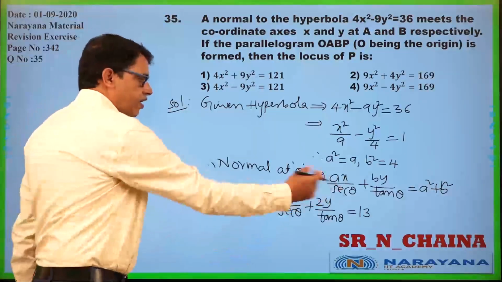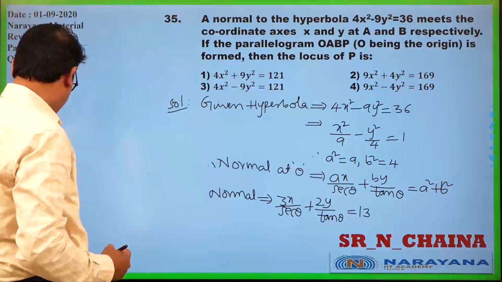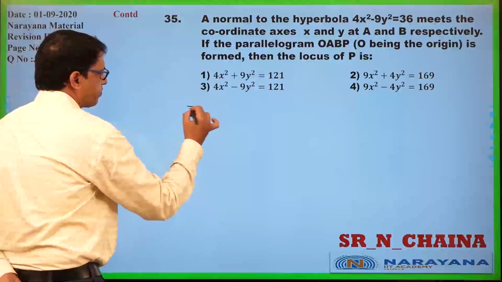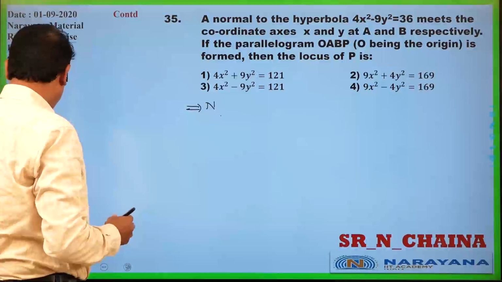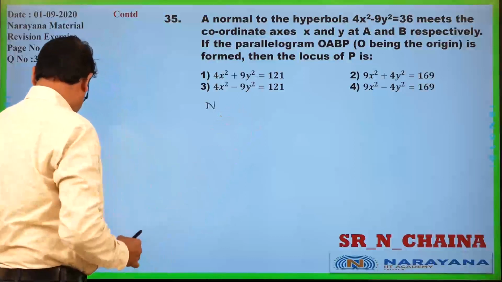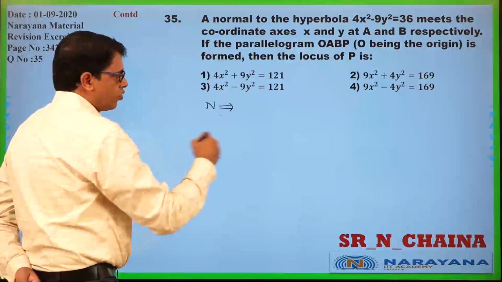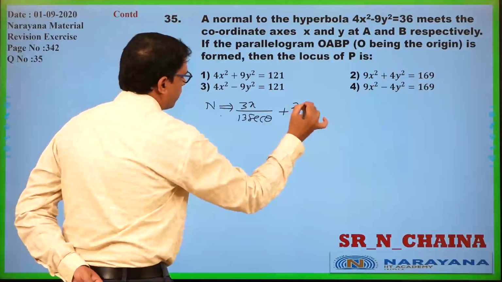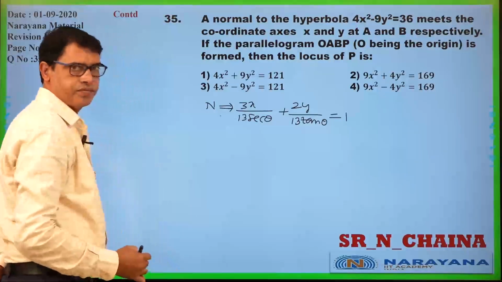So dividing by 13, the equation of normal implies 3x by 13 secant theta plus 2y by 13 tan theta equals 1.